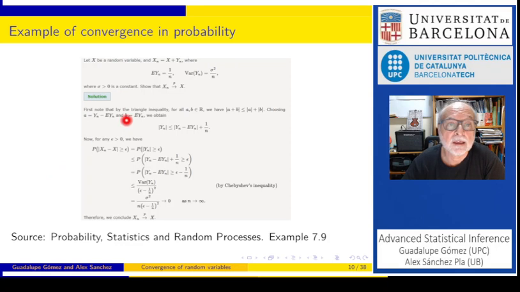For instance, in that case, we have an example where we define a sequence of random variables by taking a limiting variable X plus a sequence Yn.